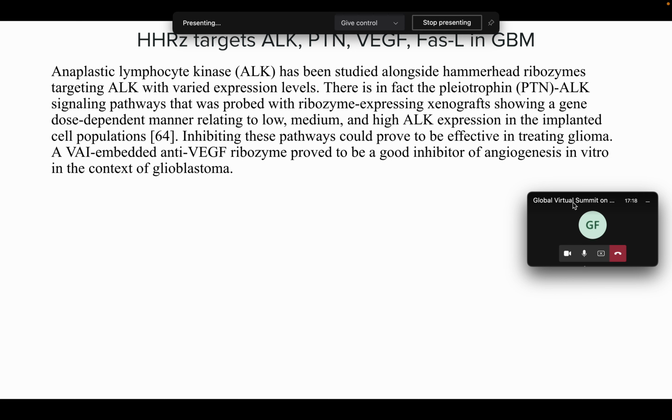The pleiotrophin, or PTN, ALK signaling pathway was probed with ribozyme-expressing xenografts, and that showed a gene-dose-dependent manner relating to low, medium, and high ALK expression in the implanted cell populations. And these inhibited the pathways that could prove to be effective in treating glioma. So this is a good inhibitor for angiogenesis in vitro in the context of glioblastoma.